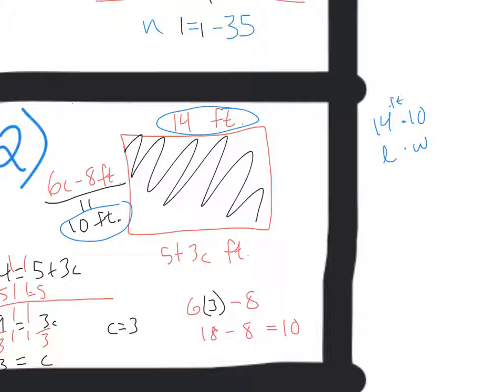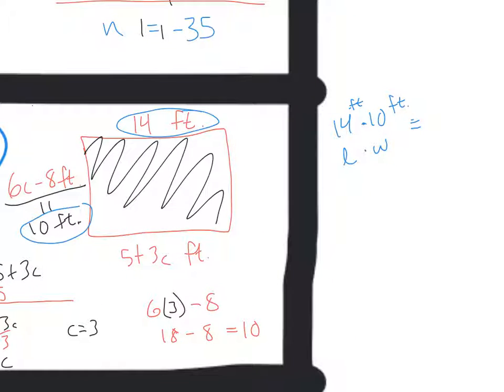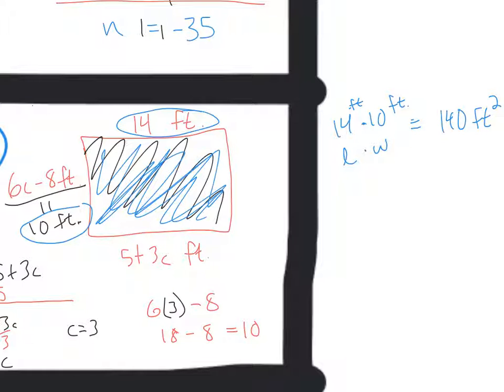This is feet times feet. So that gets you a total of 140 feet squared. So there you go. This area inside of your room, you would need 140 square feet of carpet in order to cover that thing up.